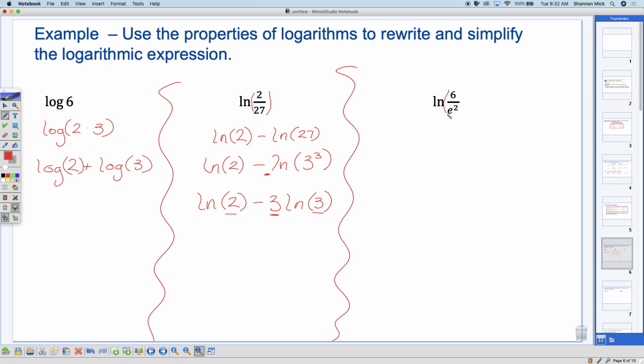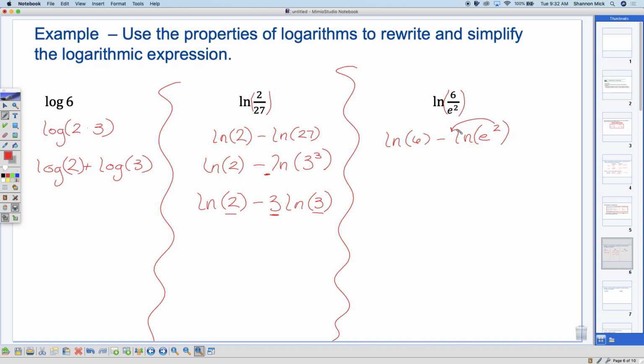So the natural log of 6 over e squared. Natural log of 6 minus the natural log of e squared. Then you have to bring that exponent to the front. This exponent's going to go right here.